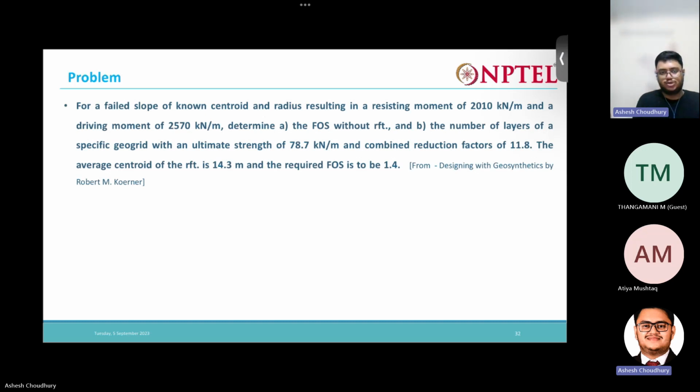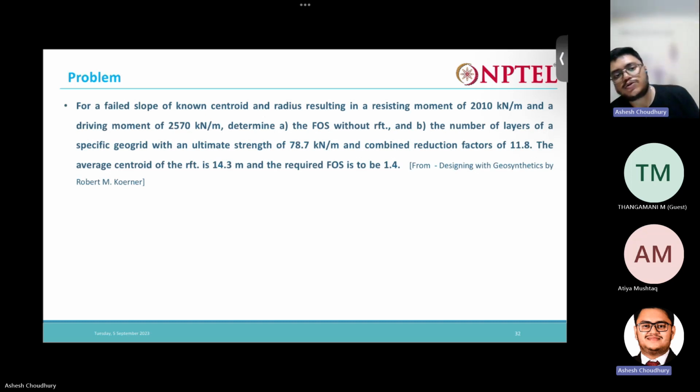Then determine the number of layers of geogrid with specified ultimate tensile strength of 78.7 kN per meter, with combined reduction factors.